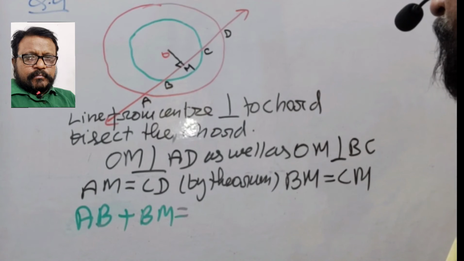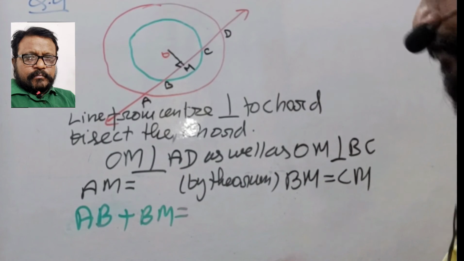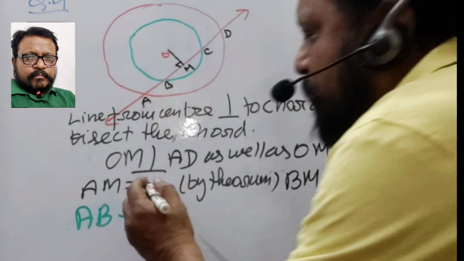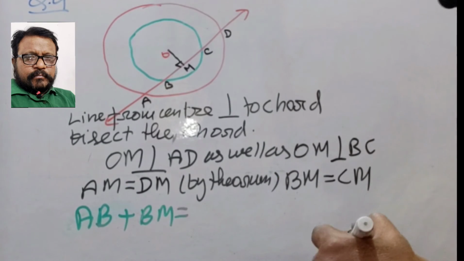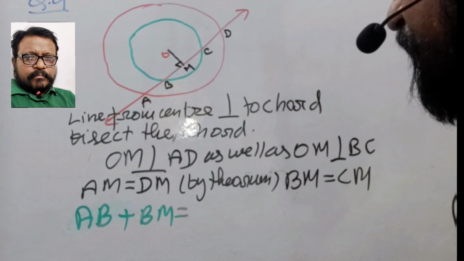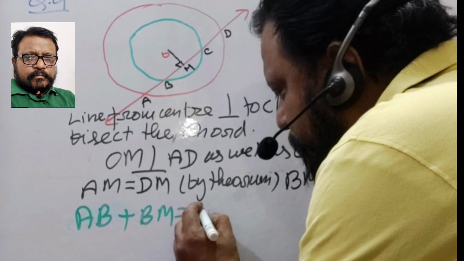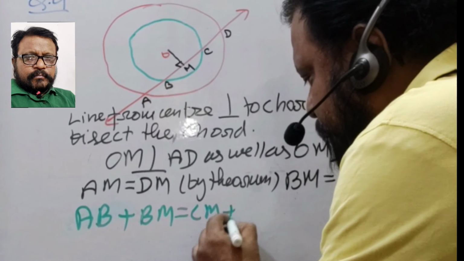AM is equal to AB plus BM, and I wrote wrongly. It should be DM. And DM is equal to CM plus CD.